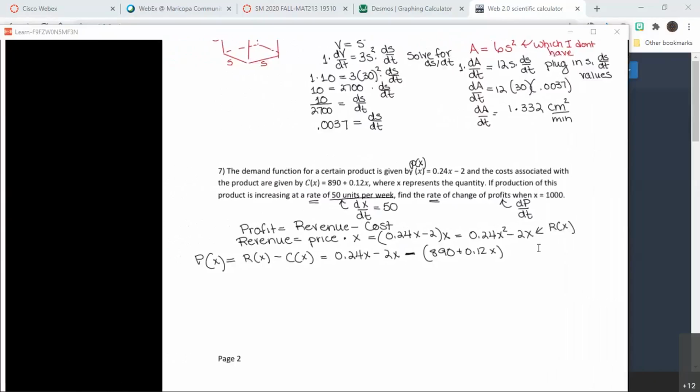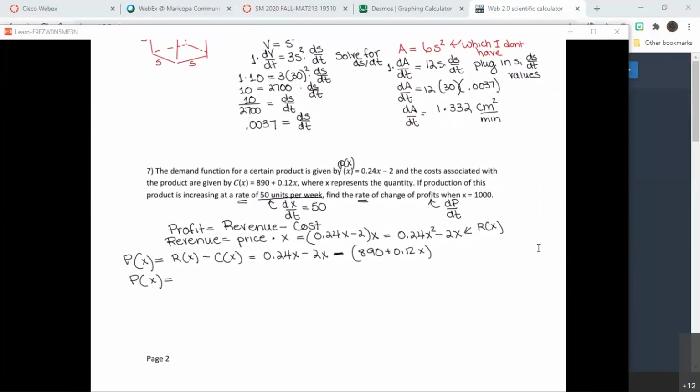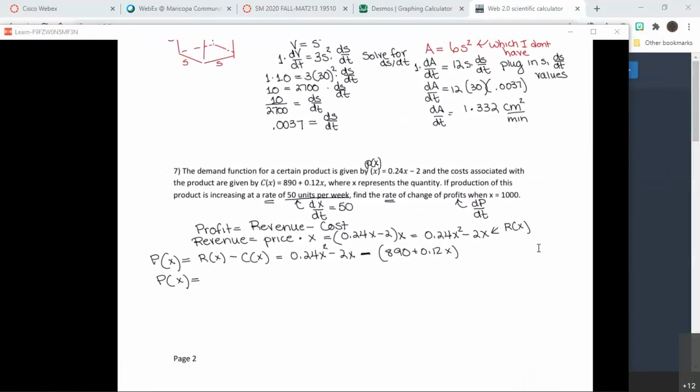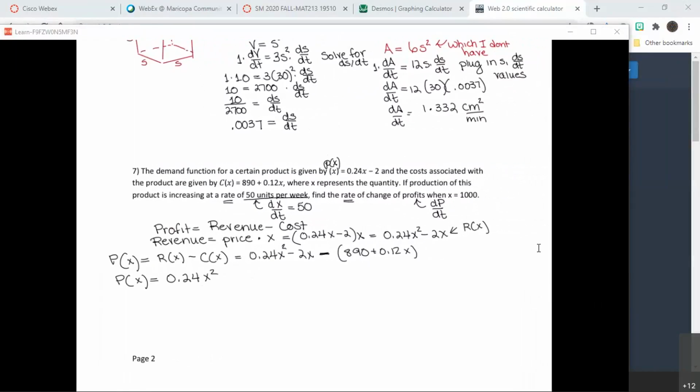Right, so my profit equation, if I look at this, this is a square. There's no other squared term in my cost equation, so this 0.24x squared is going to wind up in my profit equation. Then I have negative 2x minus 0.12x.